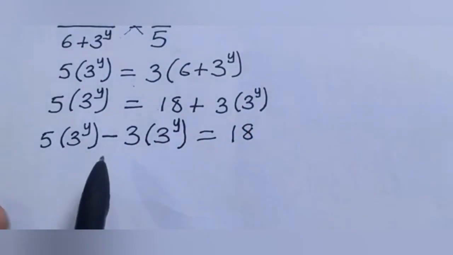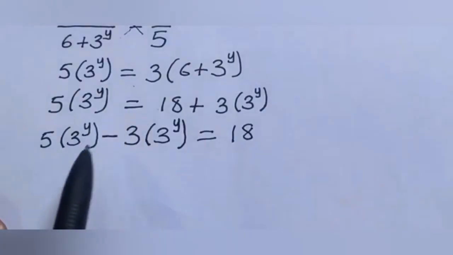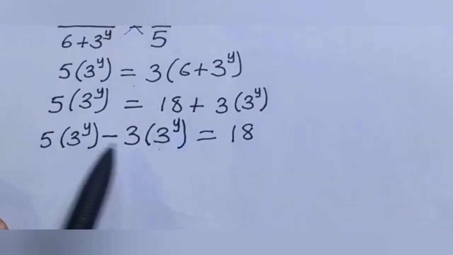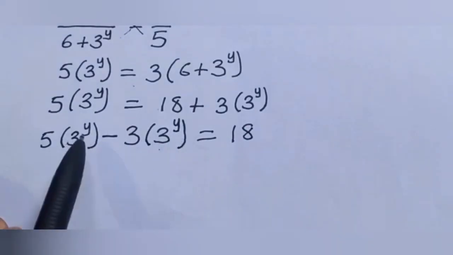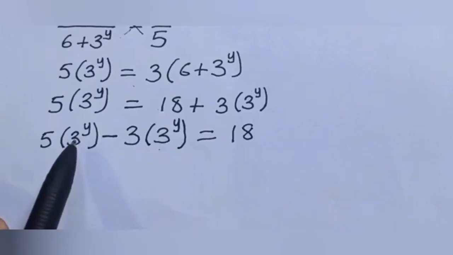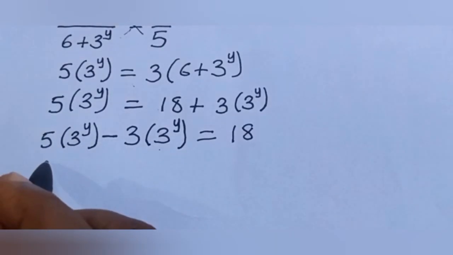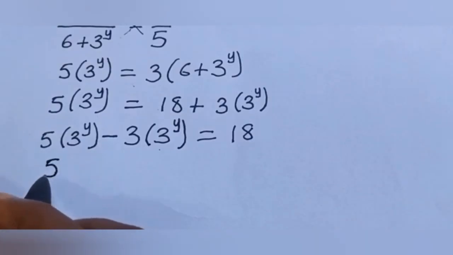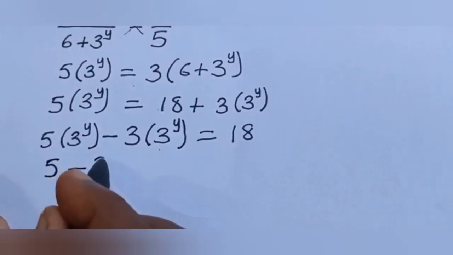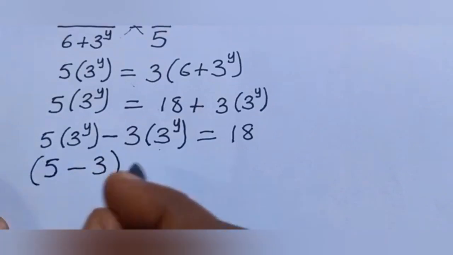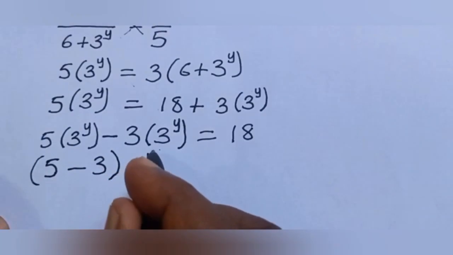As you can see here, 3 raised to power y is common, so you can factor out 3 raised to power y. In so doing, we have 5 minus 3 in the bracket, 3 raised to power y.